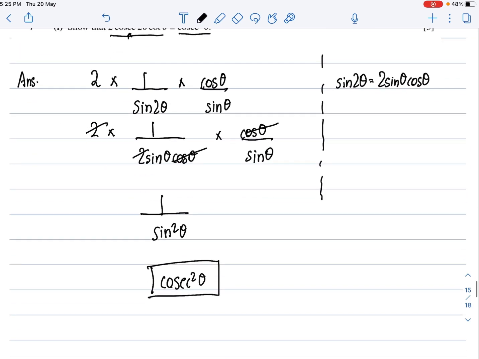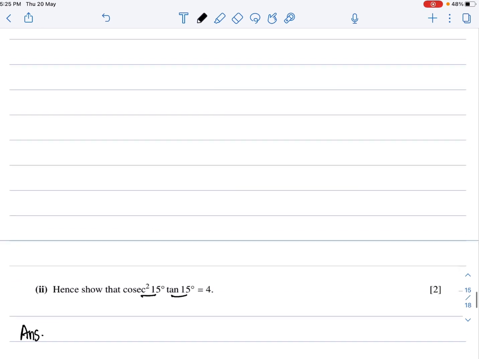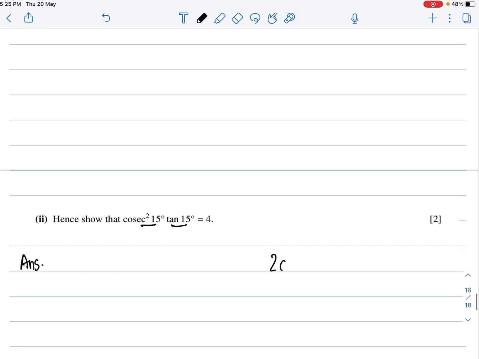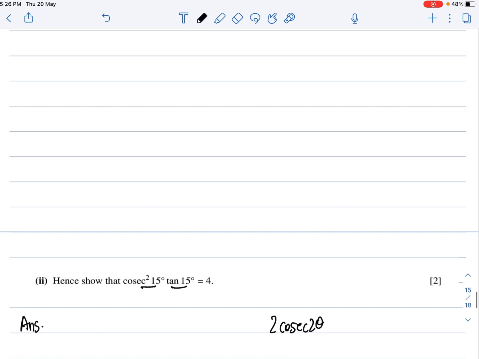Simple. Now, hence show that cosec square 15 degrees and tan 15 is equal to 4. So in the previous part, we saw that 2 cosec 2 theta, okay, into cot theta is equivalent to cosec square theta.